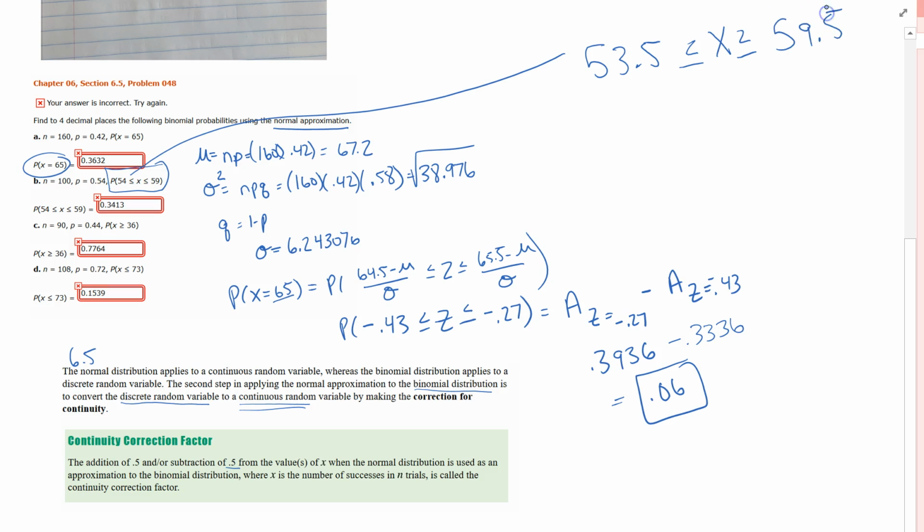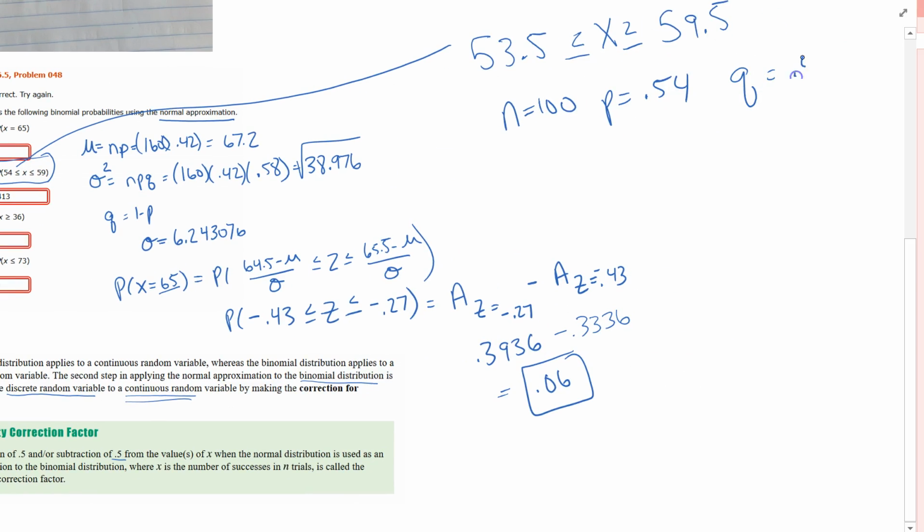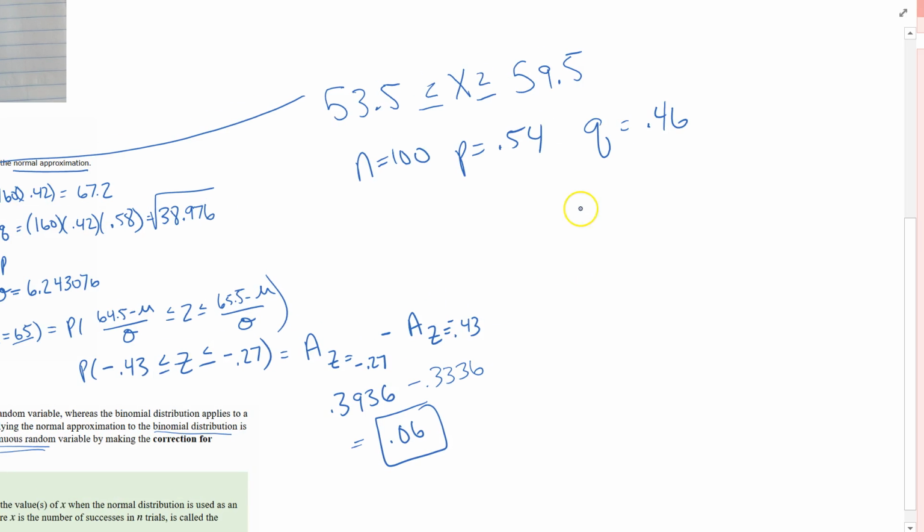We subtract 0.5 on this one, but add 0.5 on this one to account for that. To convert to z, n is 100, p is 0.54, so q would be 0.46. Our mean is 100 times 0.54, which gives me 54, and our sigma squared is 100 times 0.54 times 0.46, which is 24.84.